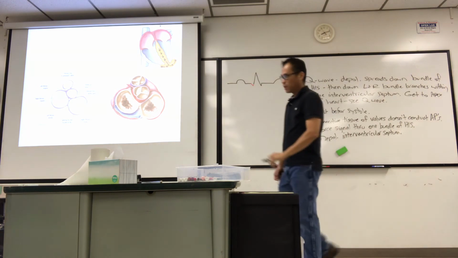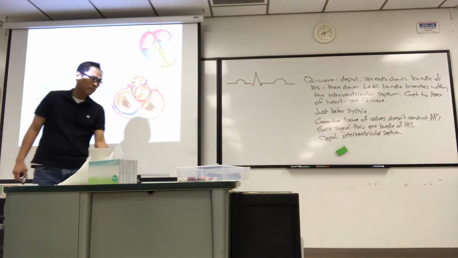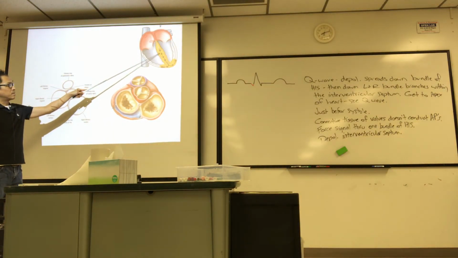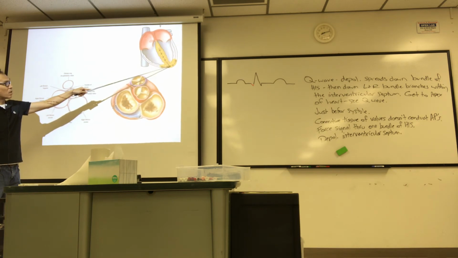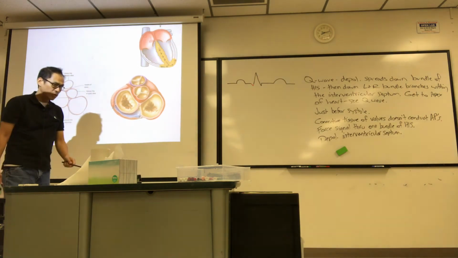Think about it. You want to squeeze blood out of the heart. When you just stimulate the muscle in the middle, can you squeeze? Yes or no? What do you think? No. This is great because now when you get down to the tip, you can start to squeeze from the bottom up. It's like a tube of toothpaste.